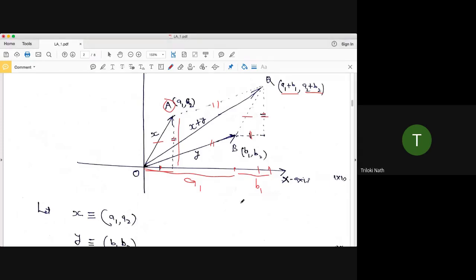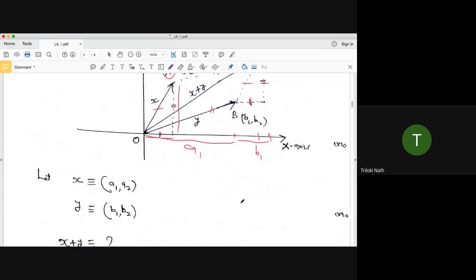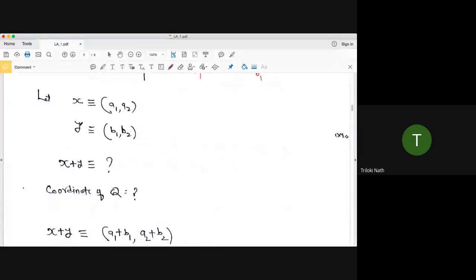So the vector addition, which was a geometric concept, has now been converted into an algebraic concept. If x is the vector whose coordinate is (a1, a2) of a point, and similarly y is the position vector of some point B whose coordinate is (b1, b2), then what is x plus y?